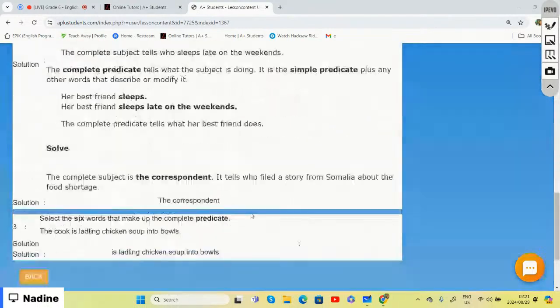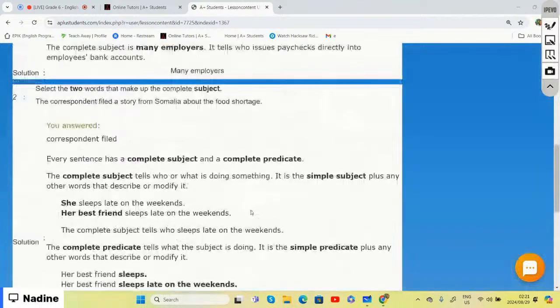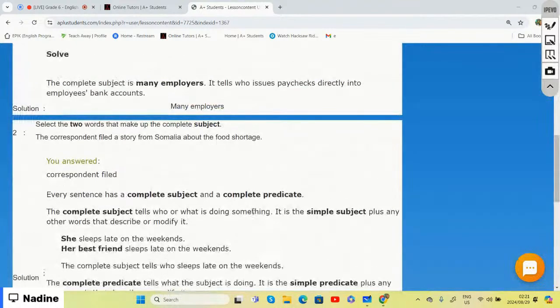All right, let's look at the next one. We need to select two words that make up the complete subject that tells us who or what is doing something.